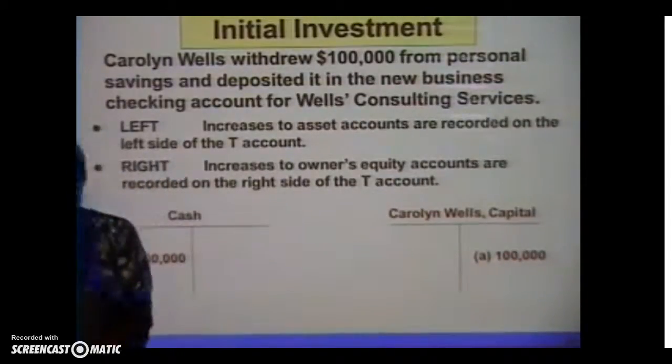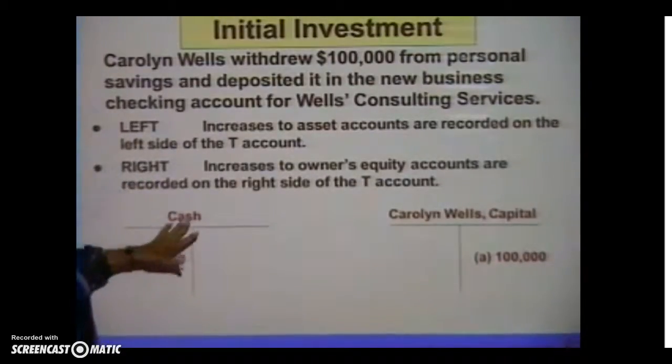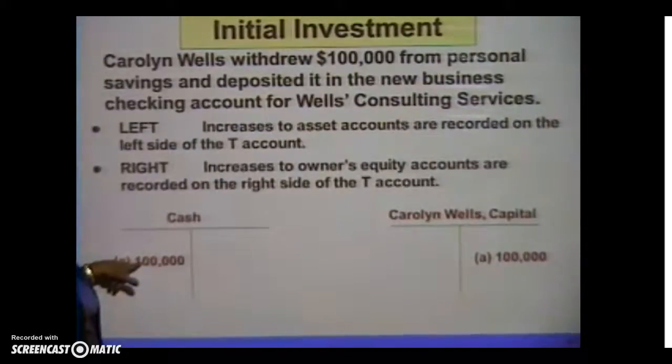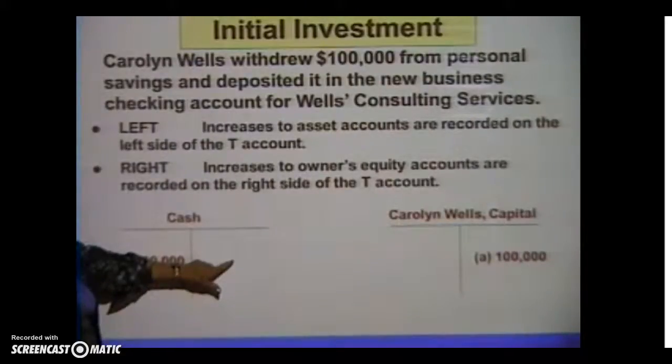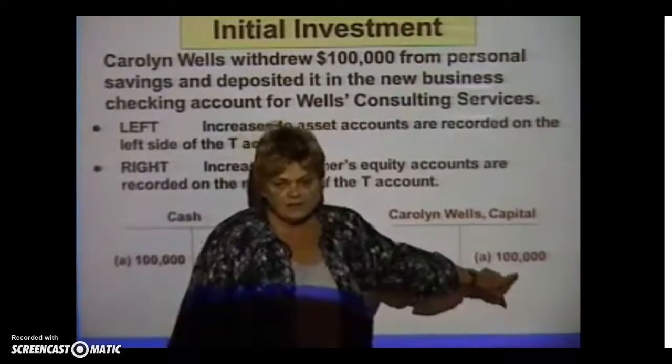So, if we're looking at each account, each account on that T has a left side of the T and a right side of the T. Everybody see that? A left side, a right side.